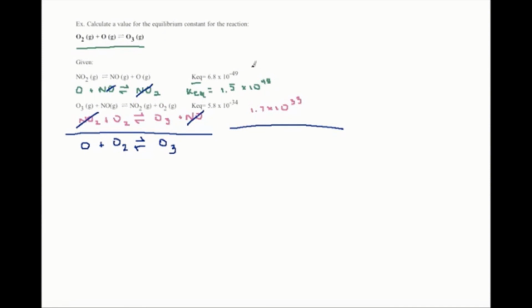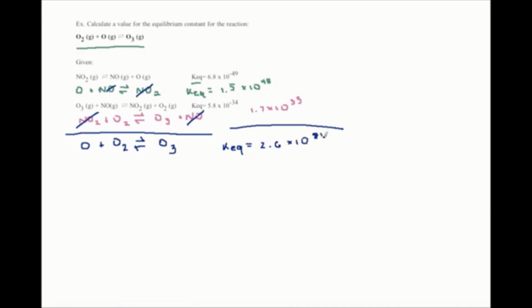Now, instead of just adding these two like I did in Hess's law, where I added the heats of reaction, here I need to multiply my KEQs, my equilibrium constants. So I'm going to take 1.7 times 10 to the 33rd and multiply that by 1.5 times 10 to the 48th. What I end up getting for my KEQ for this reaction is 2.6 times 10 to the 81st.